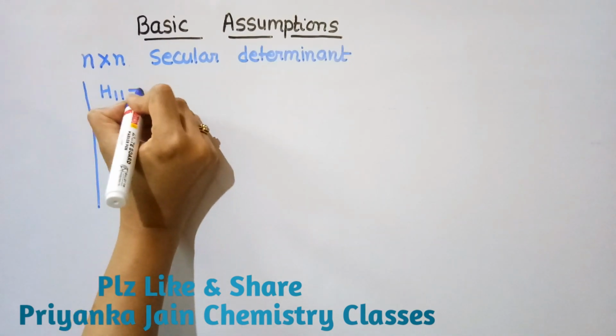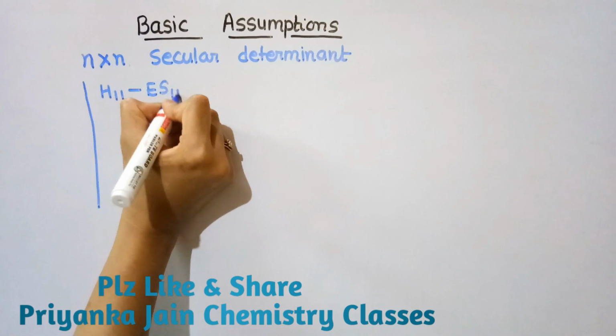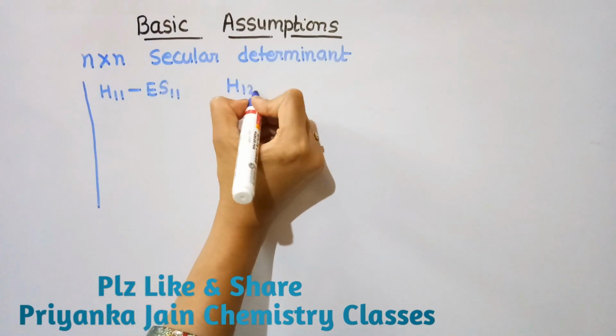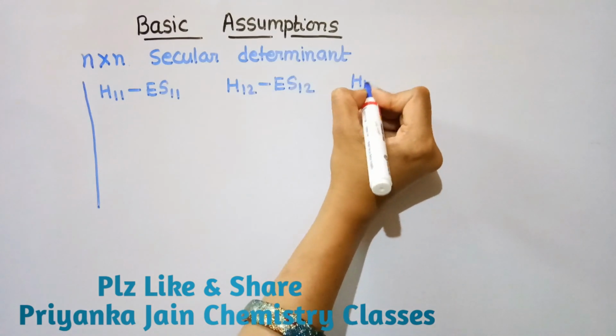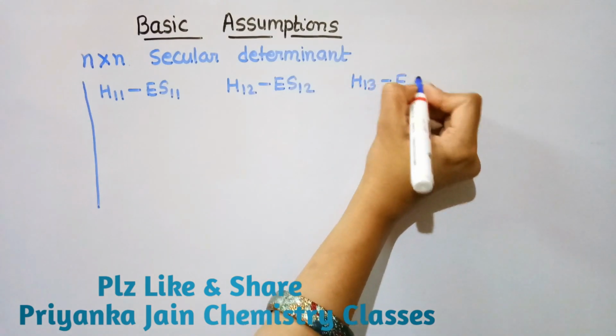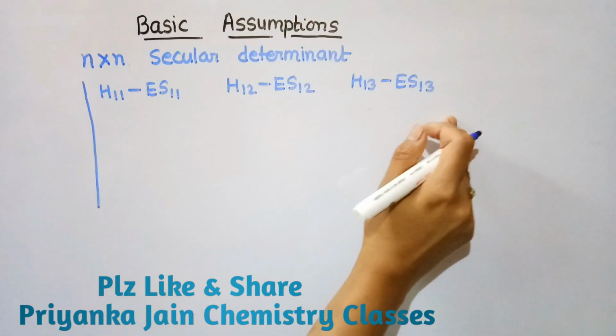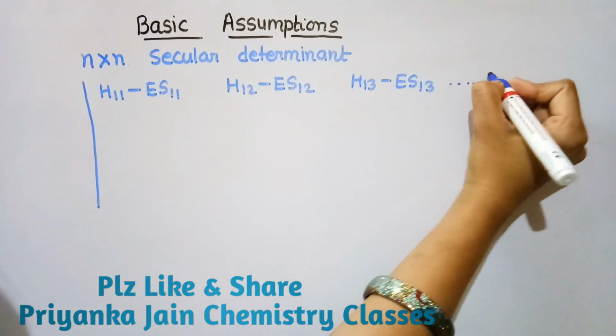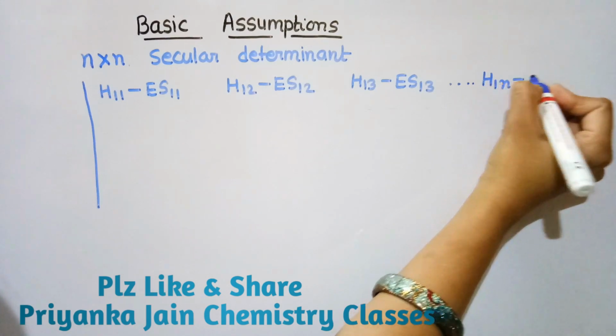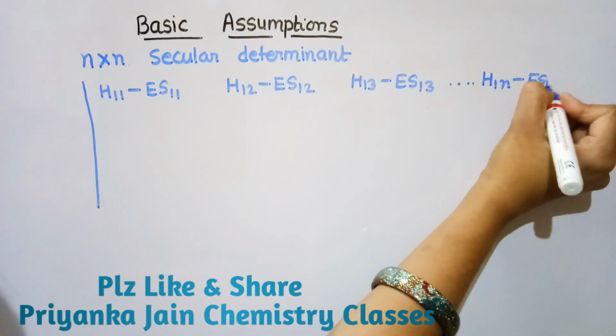Firstly, write H11 minus ES11, then write down H12 minus ES12, then write down H13 minus ES13 in the similar manner, till H1n minus ES1n.